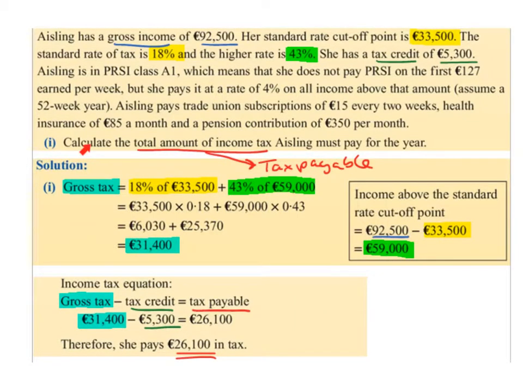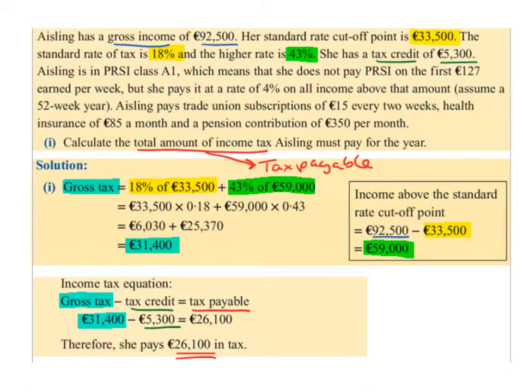So let's start off calculating the total amount of income tax Aisling must pay for the year. So this is her tax payable. So this is the tax she actually pays. So her gross tax is going to be 18% of 33,500 because the standard rate cut-off point was 33,500 and she pays 18% on that, plus 43% of €59,000 because she pays 43% on the remainder.